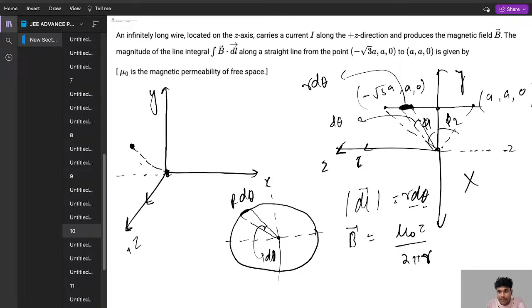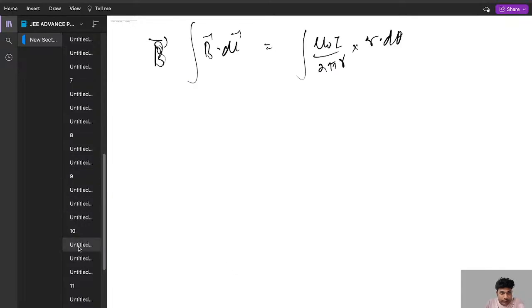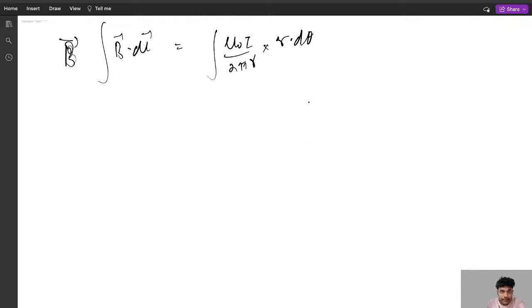Minus theta 1 to plus theta 2, right? Do you understand this? That is equal to the integration from minus theta 1 to plus theta 2 of mu naught I upon 2 pi d theta.